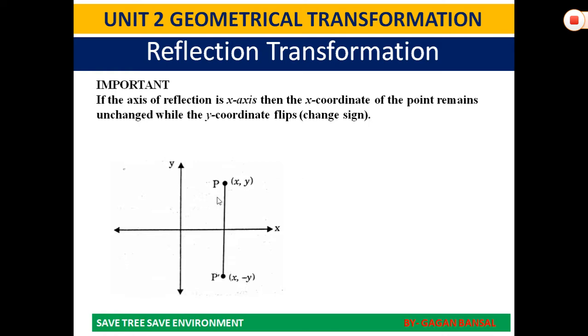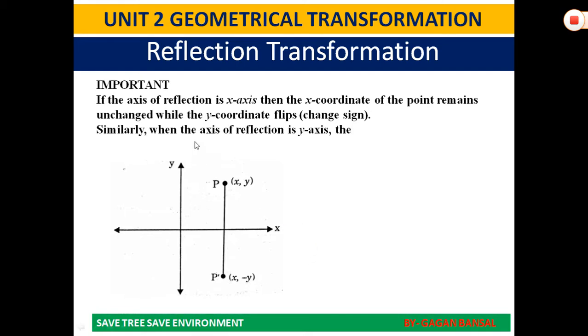Its reflection will be P dash, where the x coordinate remains the same whereas the y coordinate flips. Initially P reflected to P dash, the x remains x whereas the y coordinate flips. Initially the vertical coordinate of point P is y. After reflection, at P dash, it becomes minus y.